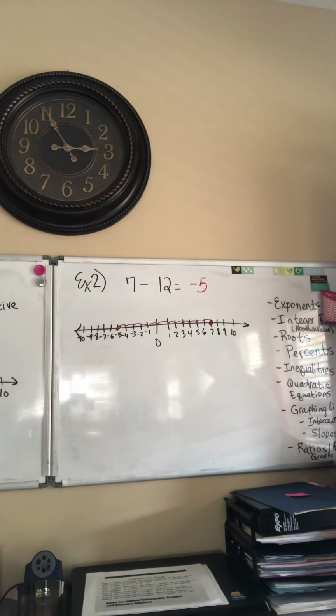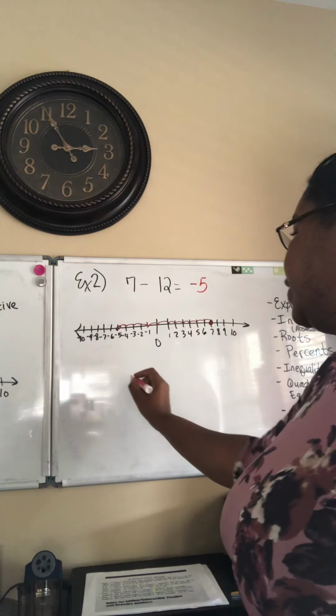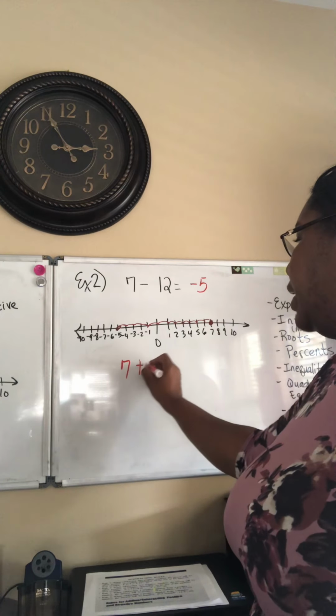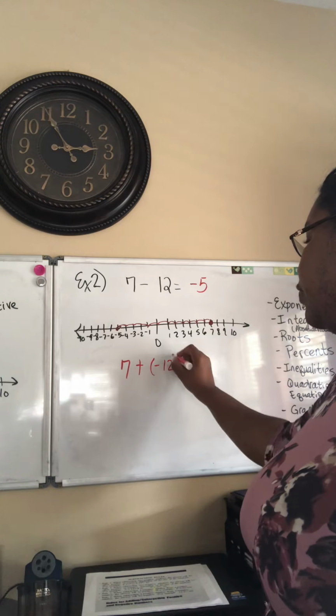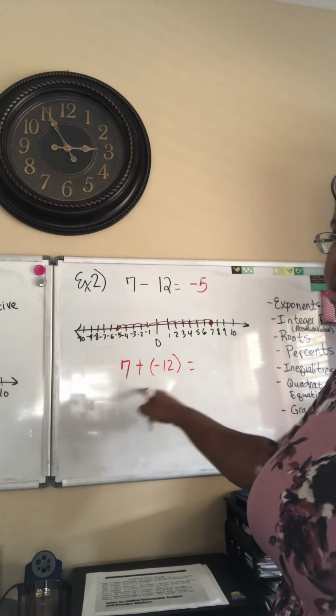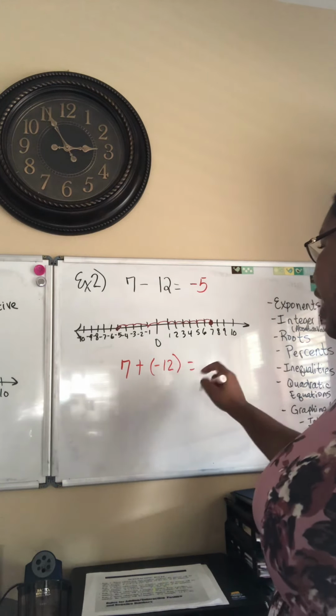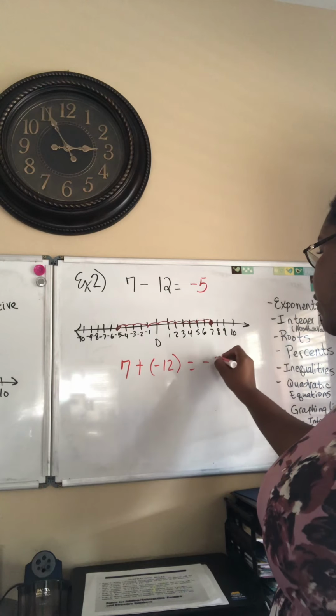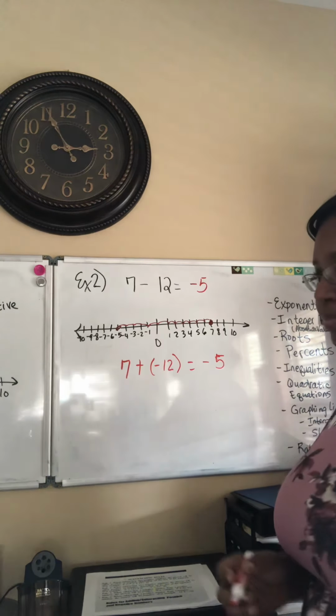So, if we were to rewrite this as an addition problem, it would be +7 plus a -12, which if you remember, you subtract the two numbers if they're different, and then take the sign of the bigger, which will give us a -5. Okay?